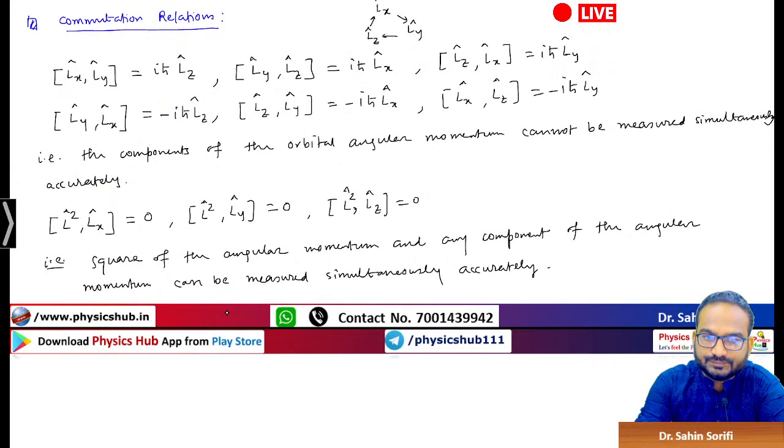Let's move on to the eigenvalues and eigenfunctions of L square and Lz. As I told you before, we are mainly focused on L square and Lz. So we need to know the eigenvalues and eigenfunctions of L square and Lz.